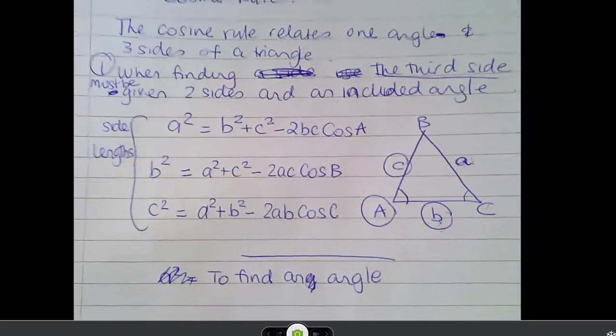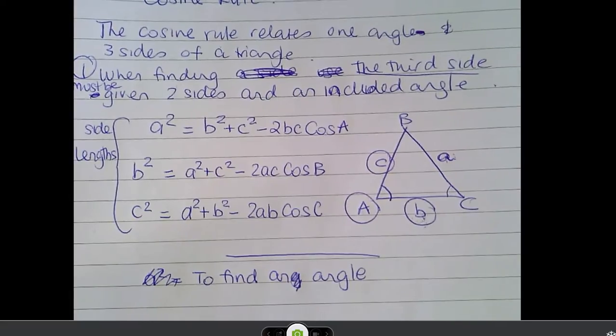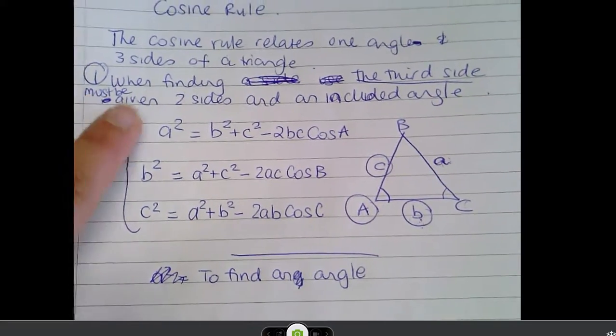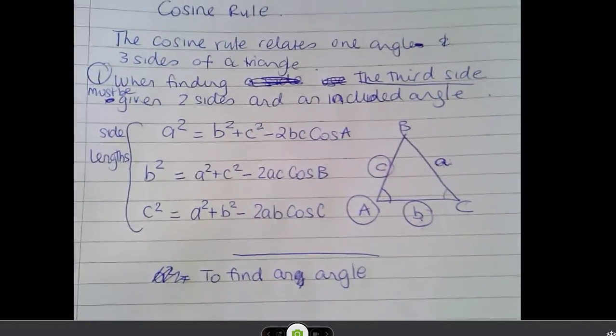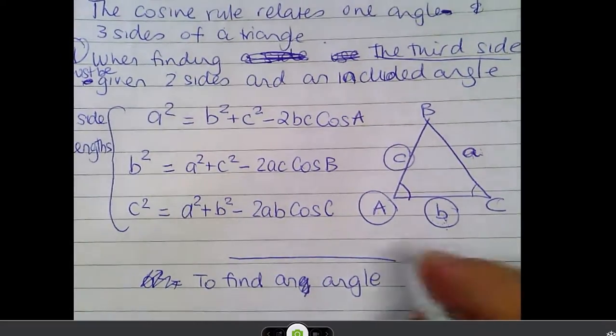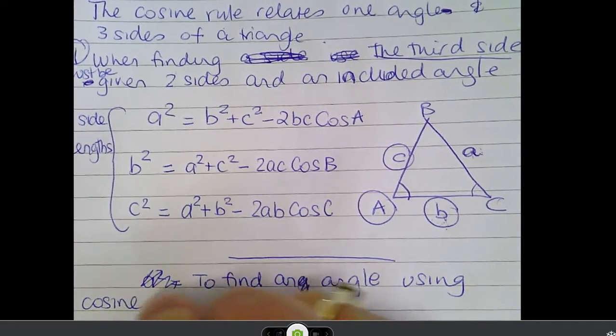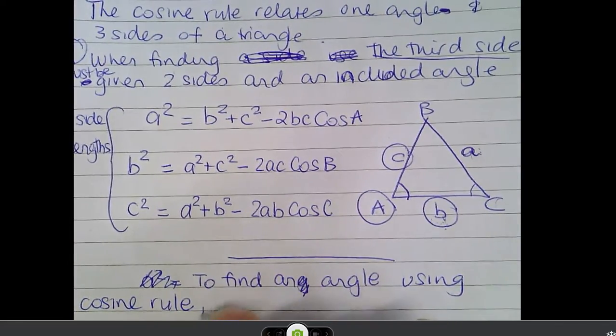So girls, there are two ways you can use the cosine rule. Number one is to find the third side. And if you want the third side, you have to be given the other two sides and the included angle. But to find an angle using the cosine rule, you must need the three sides.